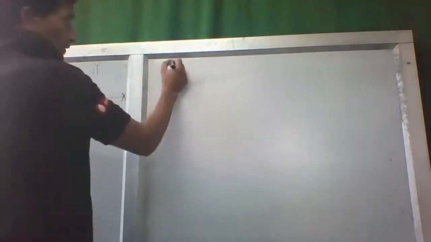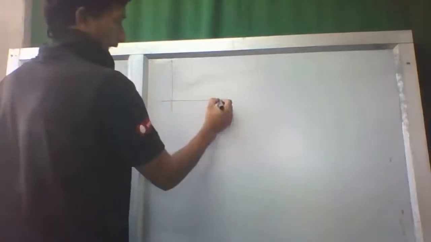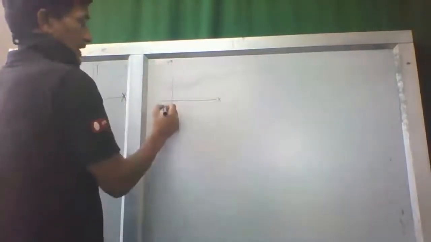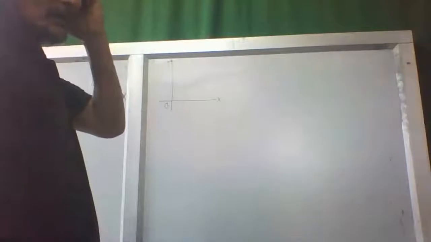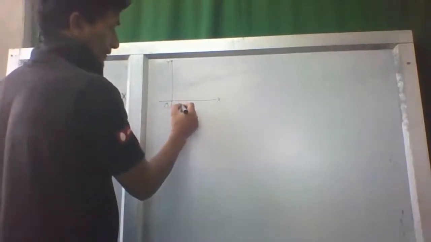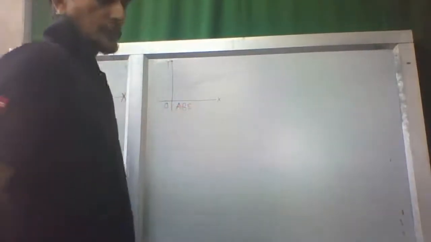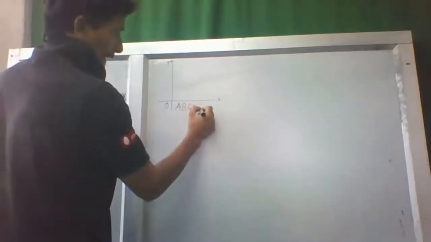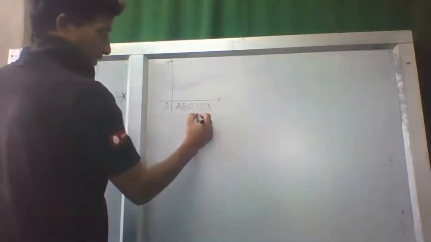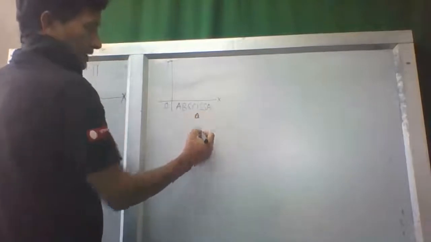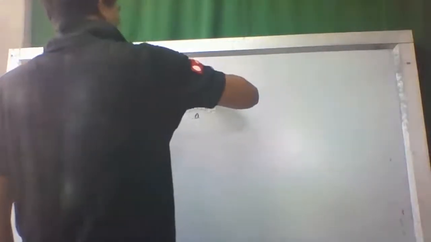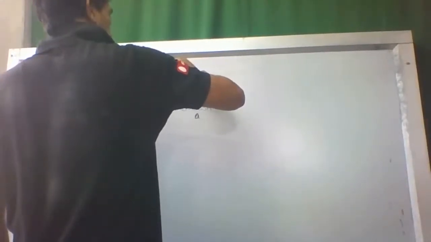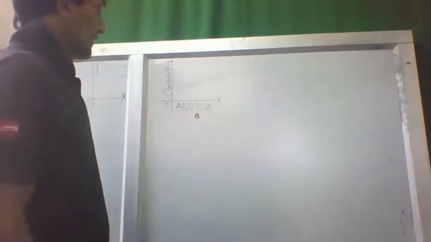Second thing, this is called the abscissa, abscissa, with a small a, remember. And this is the ordinate, not coordinate, ordinate, with an O.